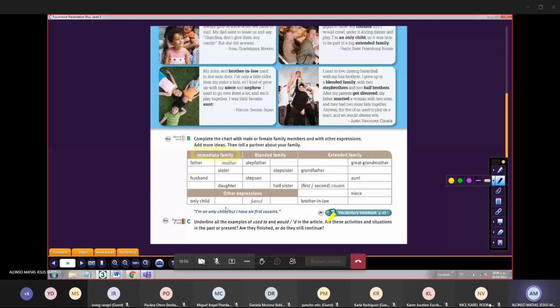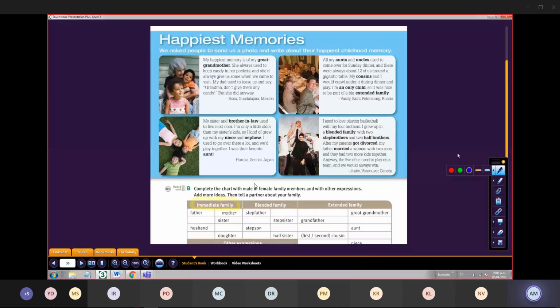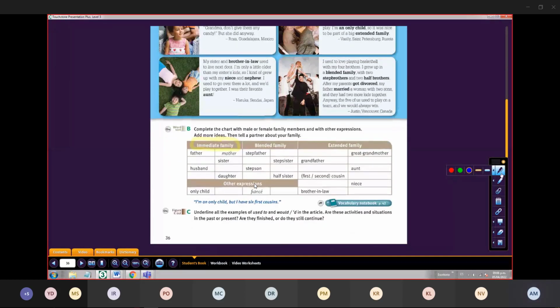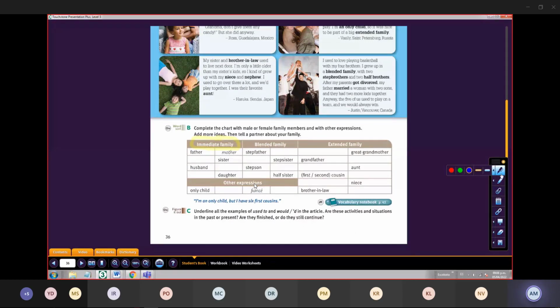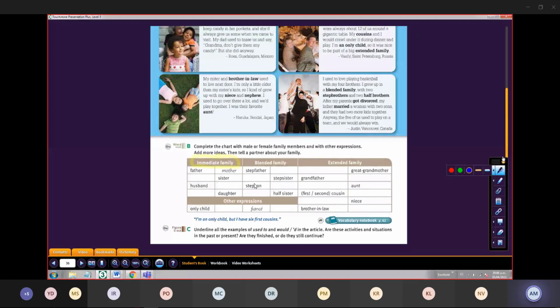Okay, we are going to work on the text. The activity says that we are going to underline all the examples of used to and would, okay?